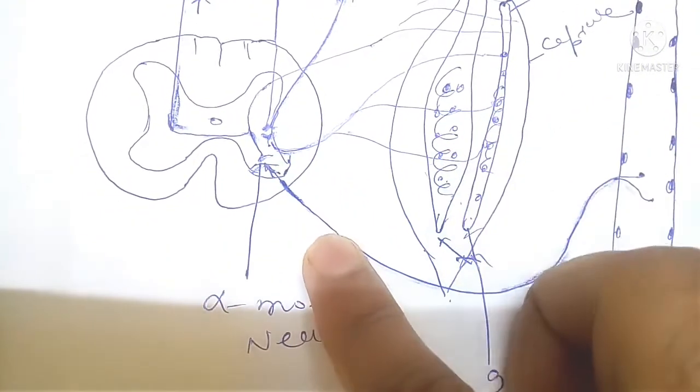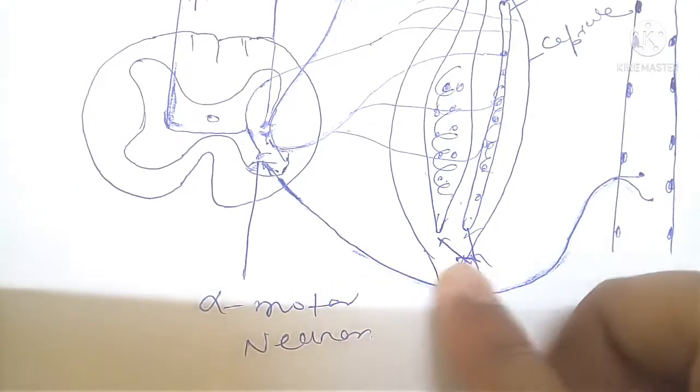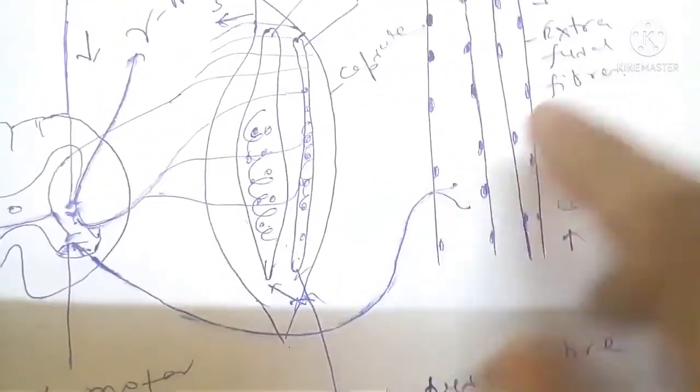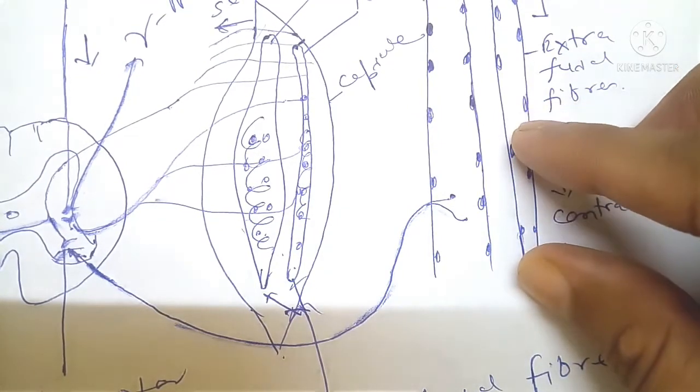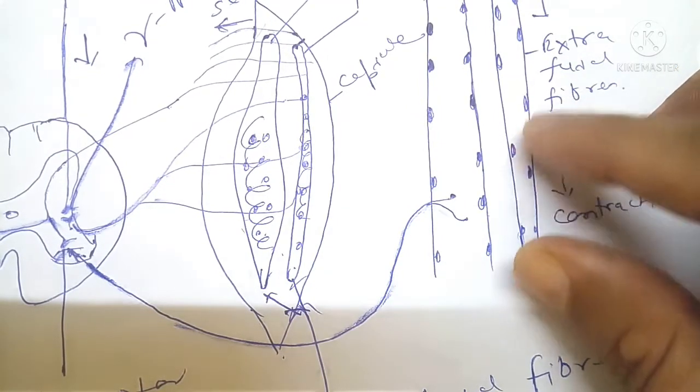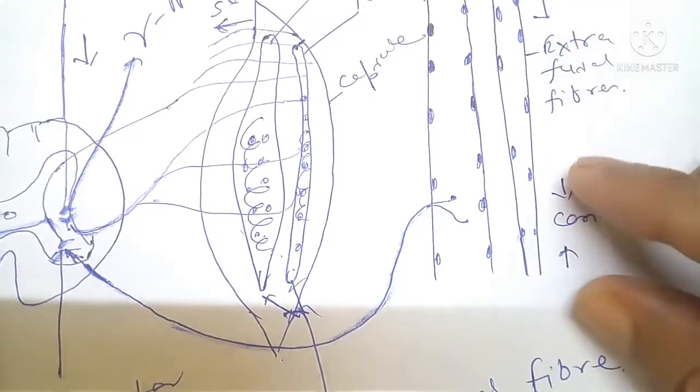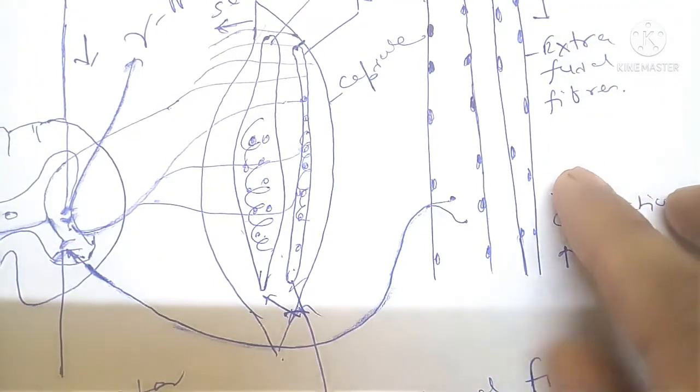Then the nerve impulses go towards the extrafusal fibers, and there is contraction of the muscle fibers. First there is stretching, followed by contraction.